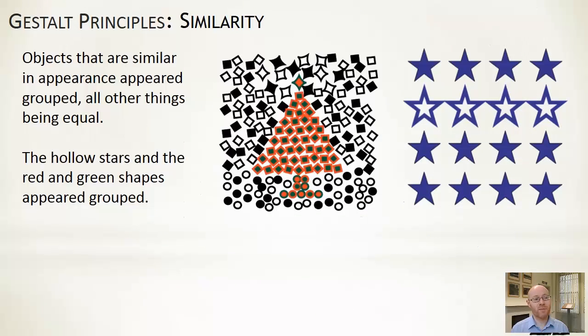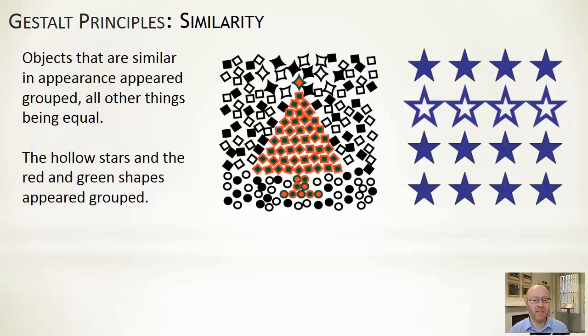The next Gestalt principle is one of similarity, and this says that objects that are similar in appearance appear grouped, all other things being equal. And that's the important bit, that if there isn't, for example, any spatial cues about how things are arranged, all other things are roughly equal, then what the brain tends to do is that if it sees things that are of a similar colour to one another, or similar shape, things like that, then we will group them together.